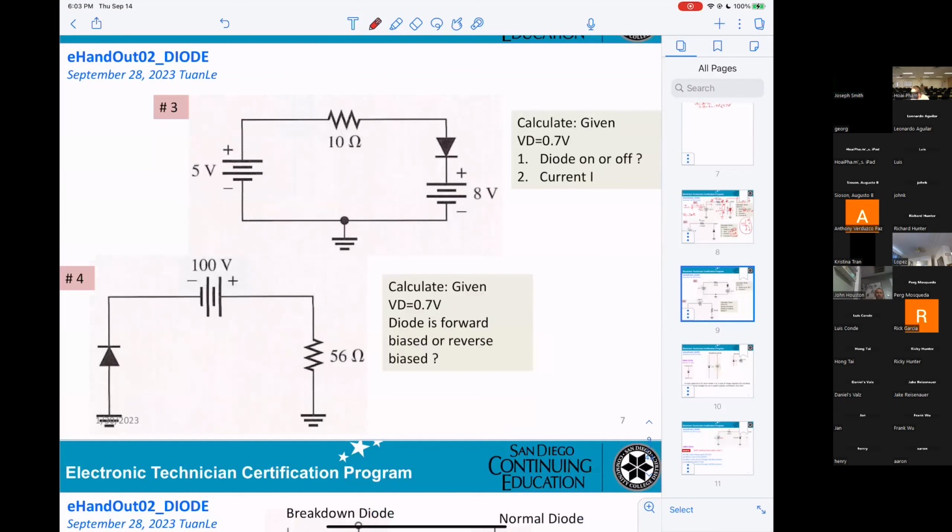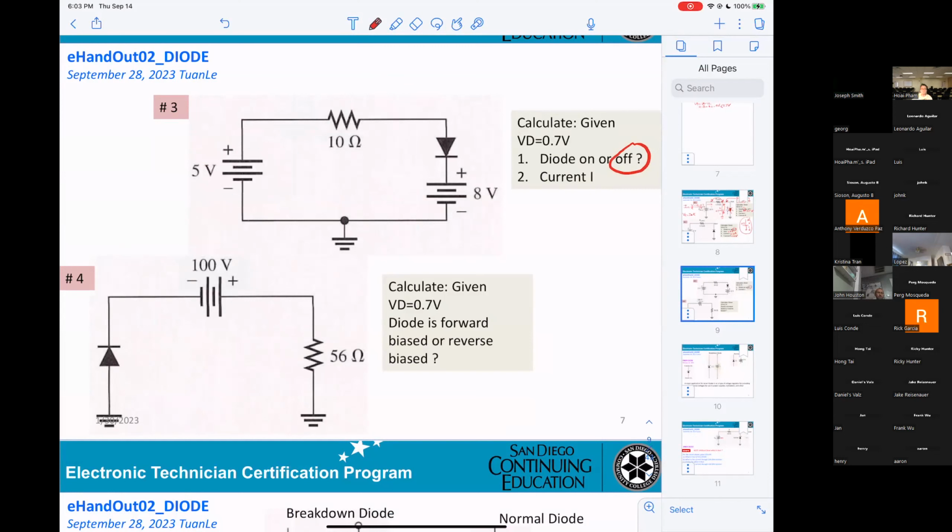Number 3. Diode on or off? Diode off. That's the correct answer. Make sure you know how they are off.